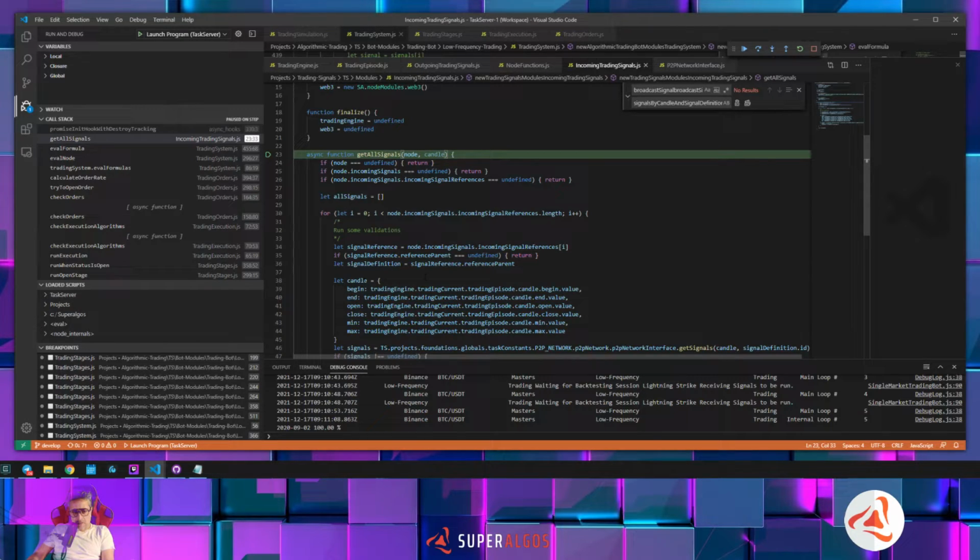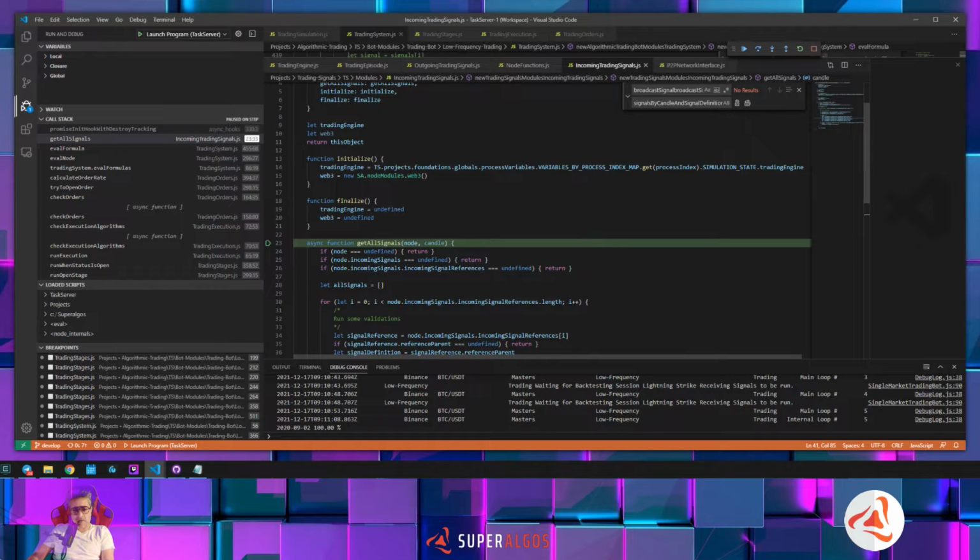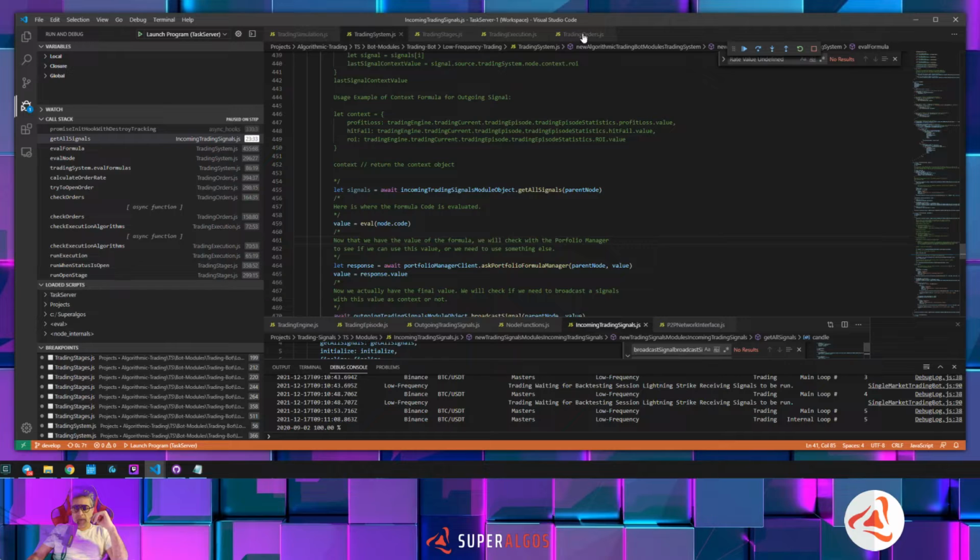This needs to know the parent node in order to find the signal reference and all that stuff. Okay, I understand that.